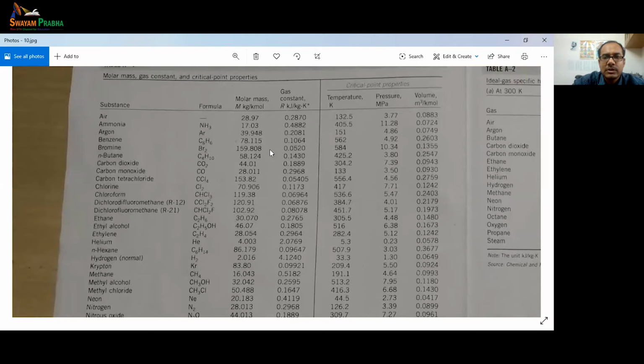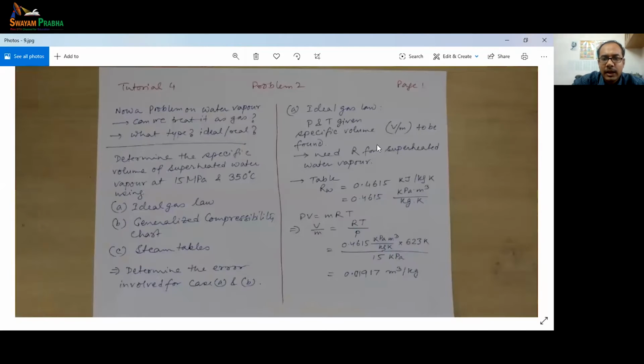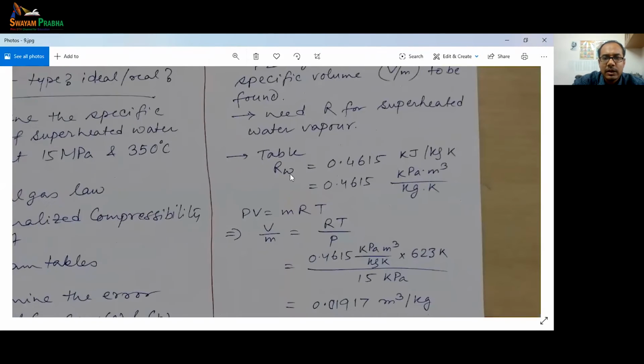Let's go back to the problem, and we see that's the value we picked up from the table. So R for water is 0.4615 kilojoule per kg Kelvin, which is equivalent to kilopascal meter cube per kg Kelvin.